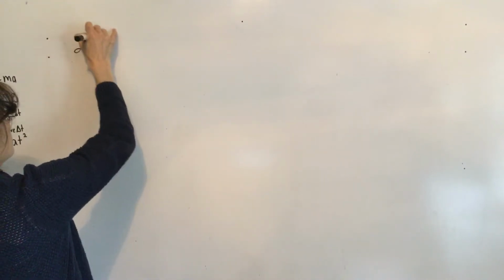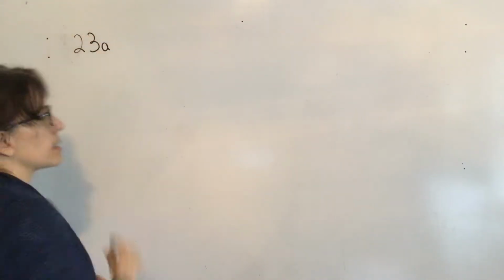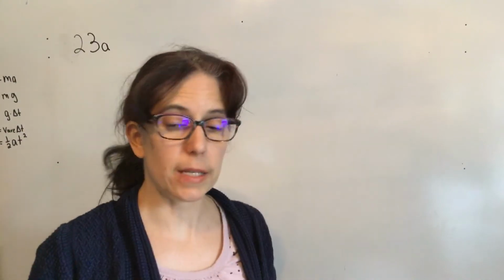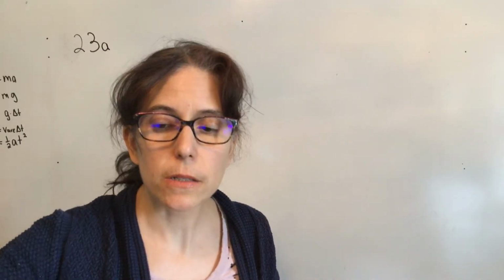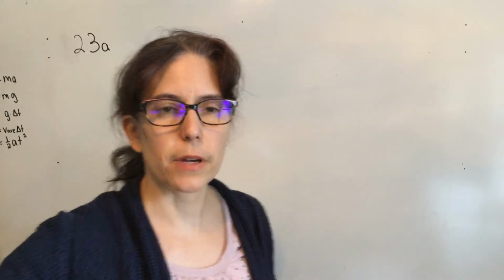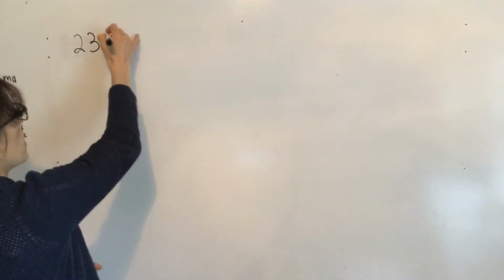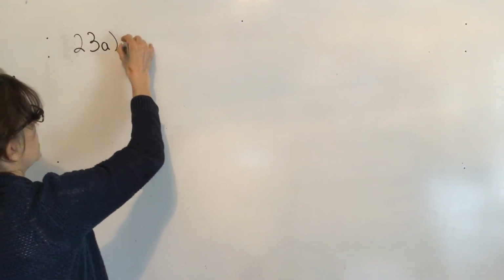Question number 1 says, an elevator rises at a constant speed of 2 meters per second. Is the elevator accelerating? So what do you think? It says it's moving at a constant speed. So that's a clue that it is not accelerating, okay? Because accelerating means change in speed.